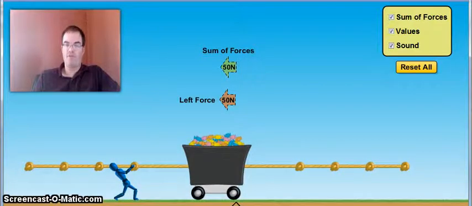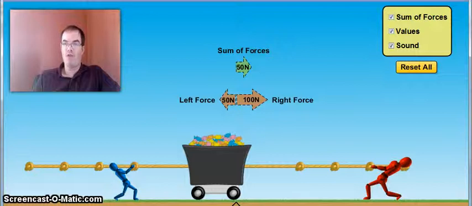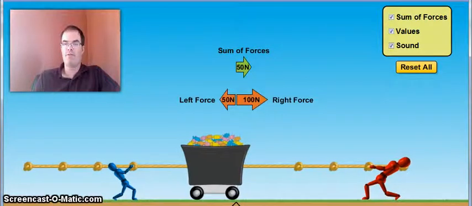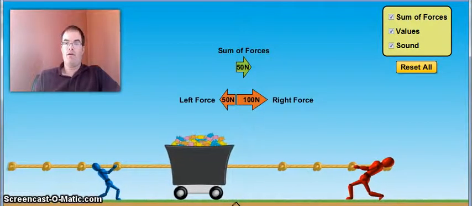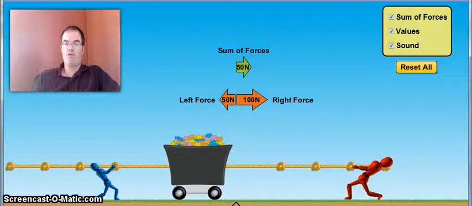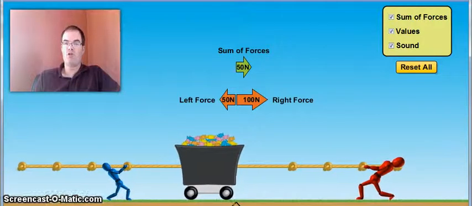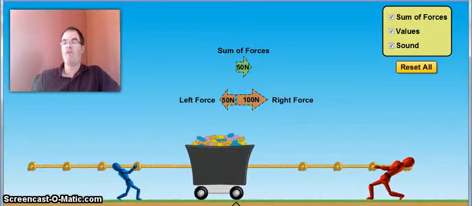Let's freeze it. And let's add, no, let's not add Ralphie. Let's add his mother, Ricky Lee. Ricky Lee Red now joins in the pulling. We're going to set time back into motion here, and let's see what happens. Alright, so the cart slows down, stops, starts to change direction, and Ricky Lee is pulling it more towards the red side.